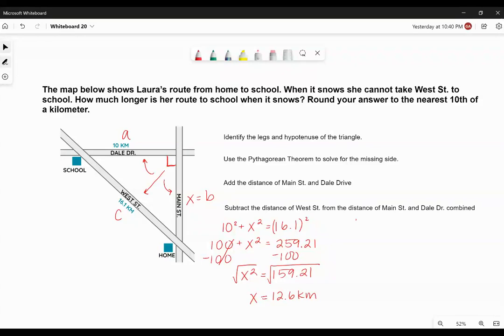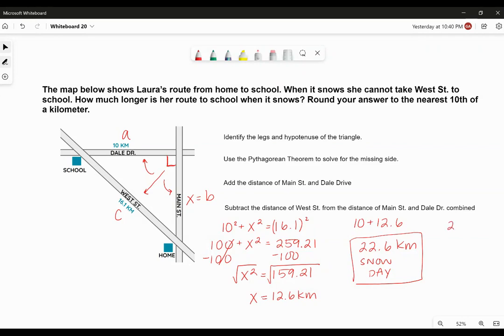So we'll have this 10 plus 12.6, and we end up with her distance on a snow day being 22.6 kilometers. So again, this is her snow day distance. That's important. But we really want to know how much further that is than when it's a non-snow day. So in order to do that, we're going to subtract the distance of West Street from the total distance of Main Street and Dale Drive.